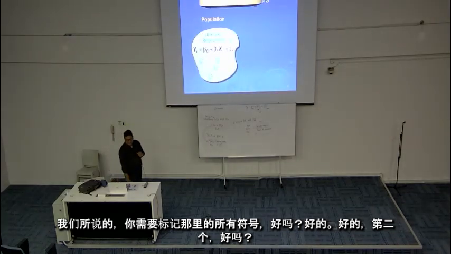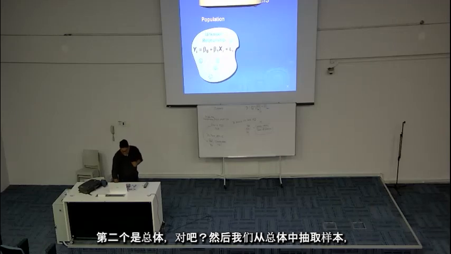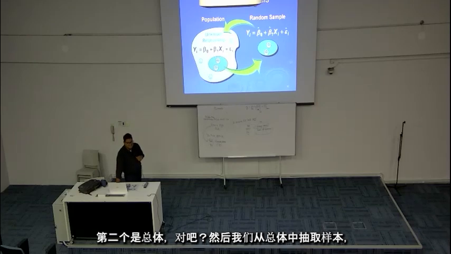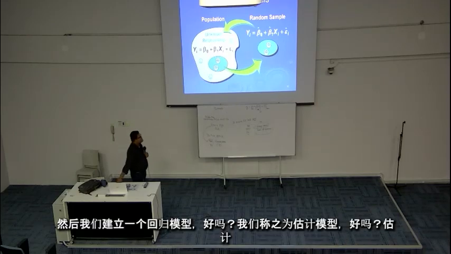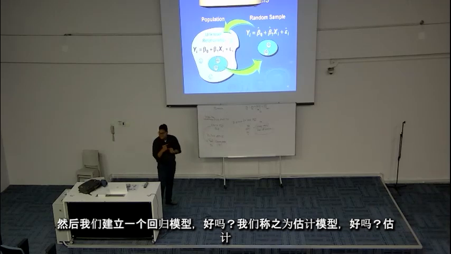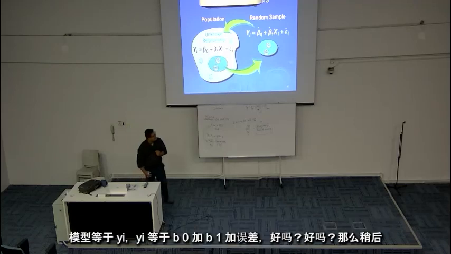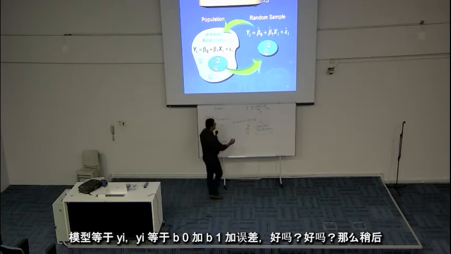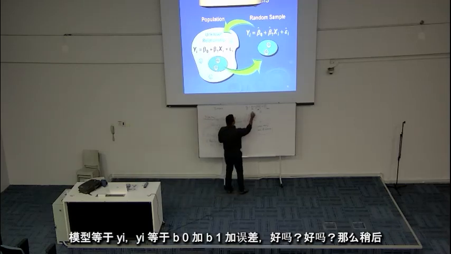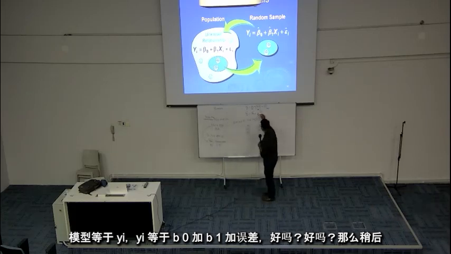The second one is the estimated model. We take a sample from the population and then construct a regression model. We call it the estimated model: yi-hat is equal to b0 hat plus b1 hat x1.